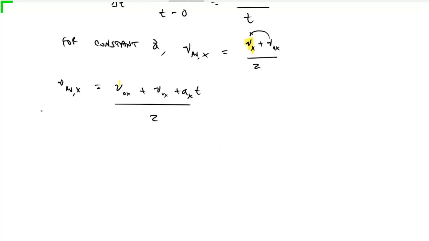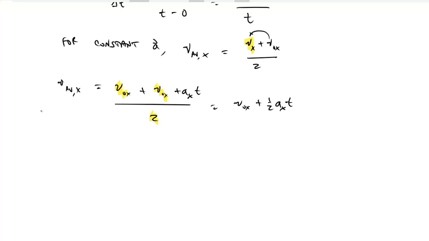Now, of course, we have v naught x plus another v naught x. That's 2 v naught x, then divided by 2. So this simplifies down to v naught x plus 1/2 a x times time. This is our average velocity in the x direction.